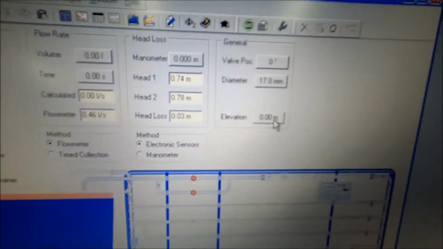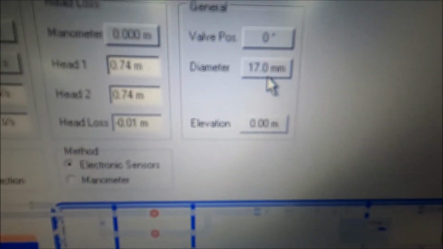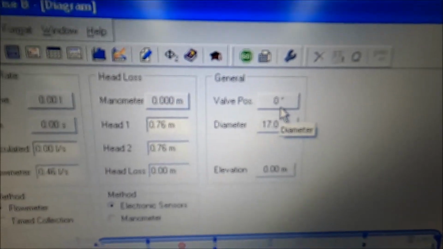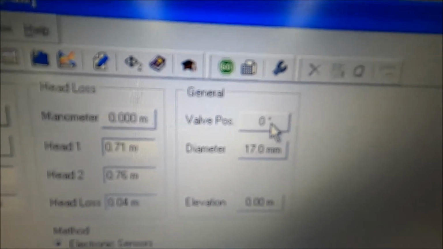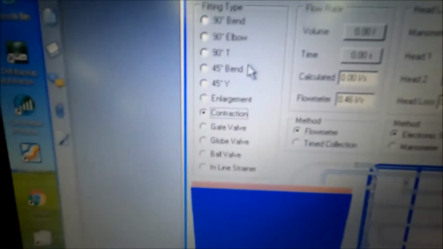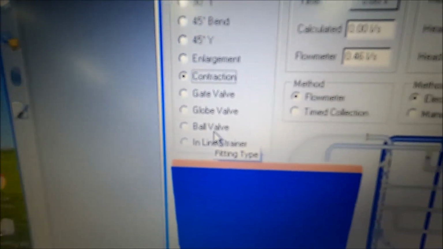Here elevation is 0, diameter 17, and valve position is 0. When we choose contraction, the valve position doesn't matter. It matters when we choose the gate valve and ball valve.